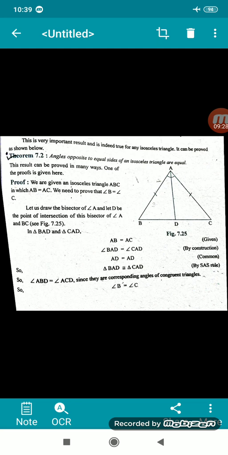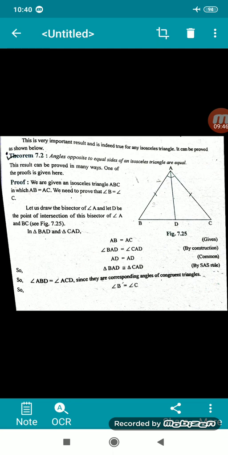Now I will start. Two triangles, BAD and CAD. Once again, BAD and CAD. AB is equal to AC, which is given to us.